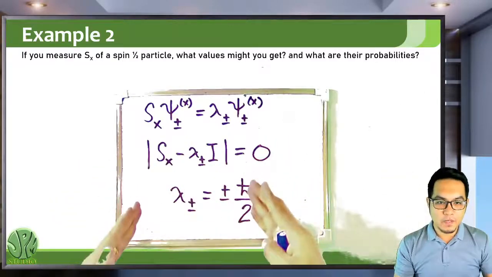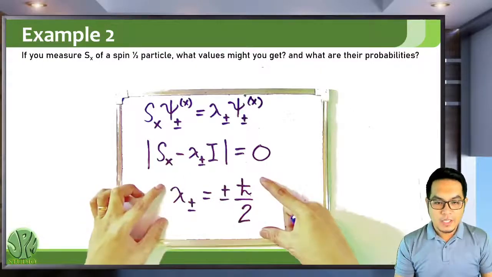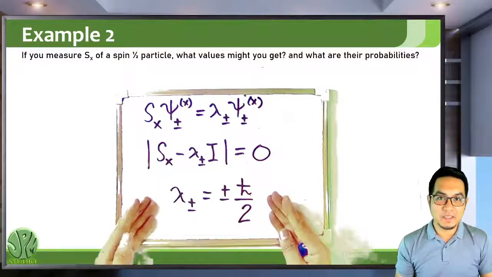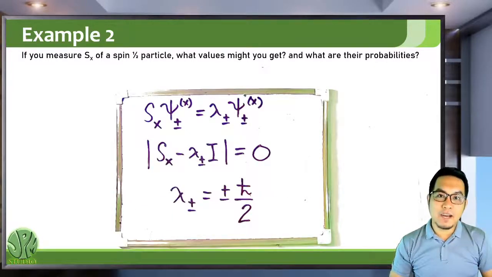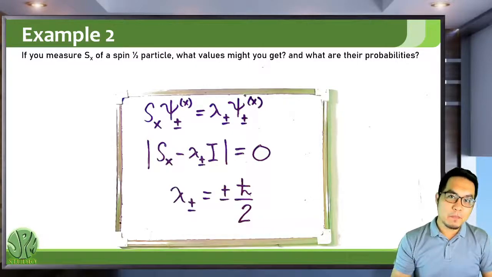So you take the determinant of the difference of these two matrices, and you get the eigenvalues. Obviously, it should be like this. It has the same eigenvalues as Sz, positive h bar over 2 and negative h bar over 2. The positive h bar over 2 corresponds to the spin up state.